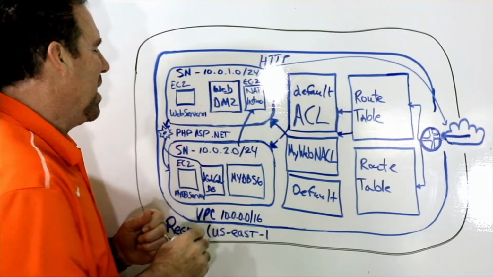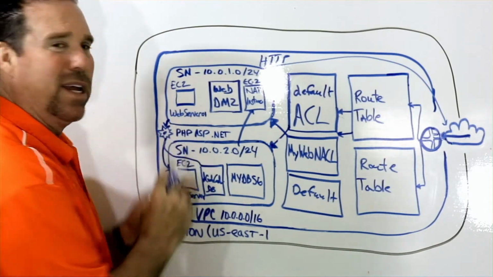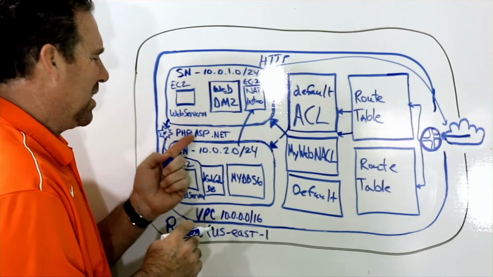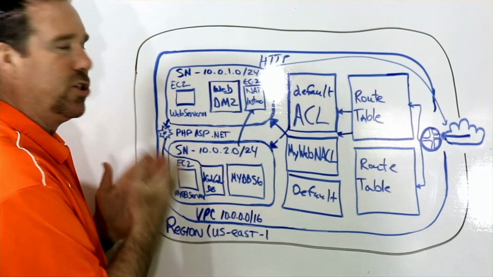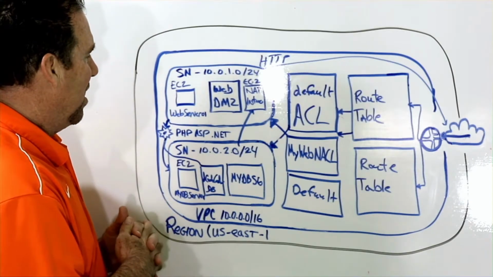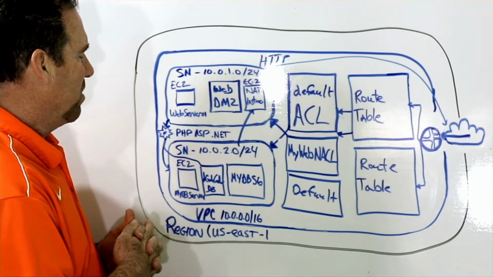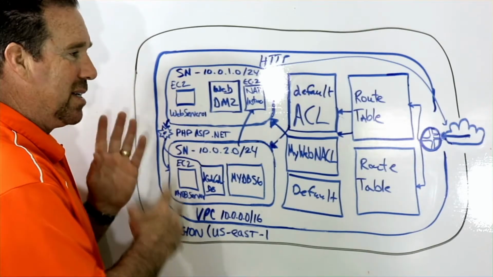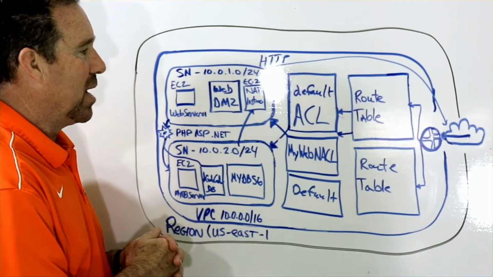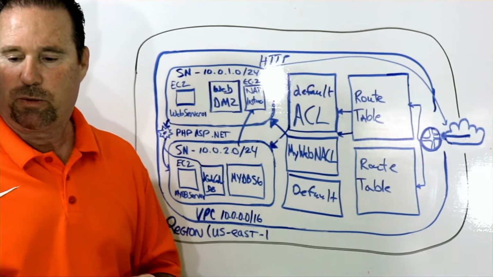I never made the transfer to .NET, so I'm still in ASP land, for those that know Active Server Pages. That's what we're going to do, and we'll show you how to do that now in Amazon Web Services. We'll have a whole entire web server with a website and a database connected. It'll be a dynamic website. Okay, very good. Let's switch back over.